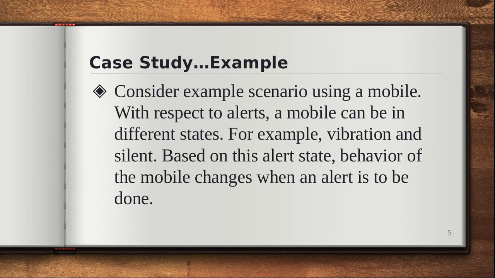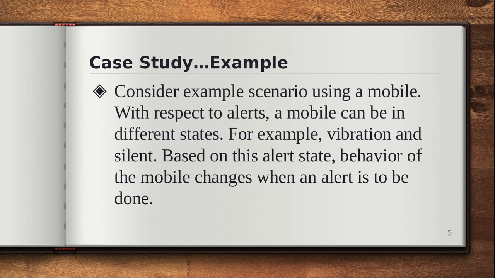Here I have taken a case study for a mobile scenario. The example scenario uses a mobile. With respect to alert, the mobile can be in different states. For example, it is in the vibration or the silent state, and based on this alert state, the behavior of the mobile changes when an alert is to be done.